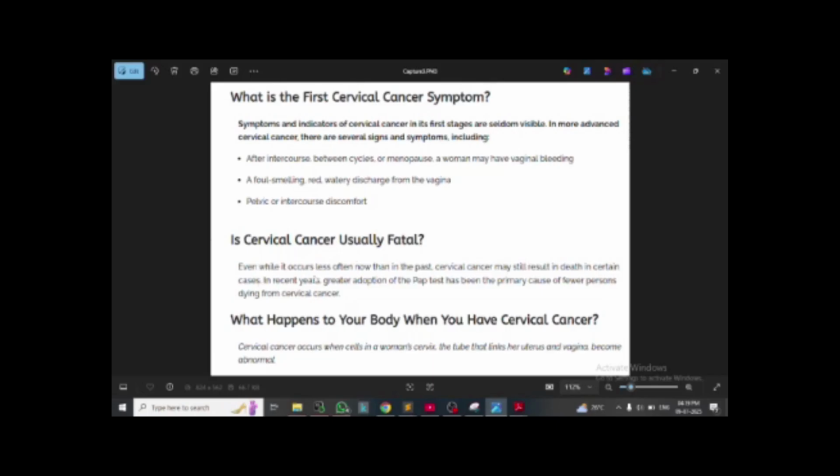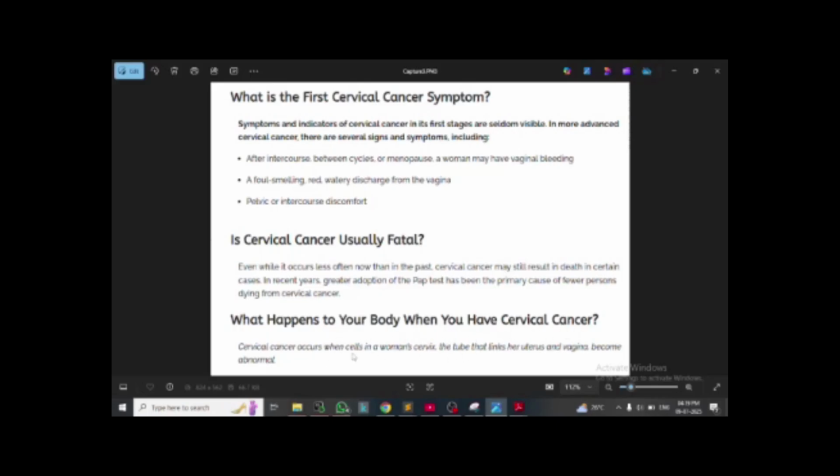Is cervical cancer usually fatal? While it occurs less often now than in the past, cervical cancer may still result in death in certain cases. In recent years, greater adoption of the PAP test has been the primary cause of fewer people dying from cervical cancer. What happens to your body when you have cervical cancer?